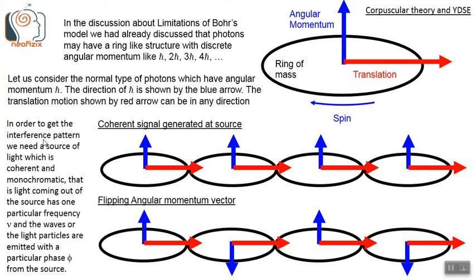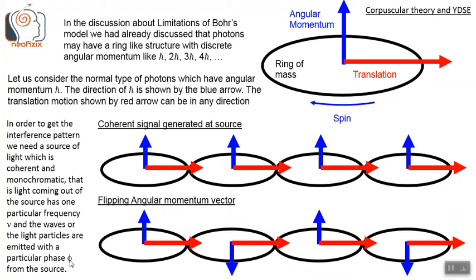So in order to get the interference pattern, we need a source of light which is coherent and monochromatic. That is, the light coming out of the source should have one particular frequency nu, which is the meaning of monochromatic, and the waves or the light particles should be emitted with a particular phase phi from the source, which is the meaning of coherent.